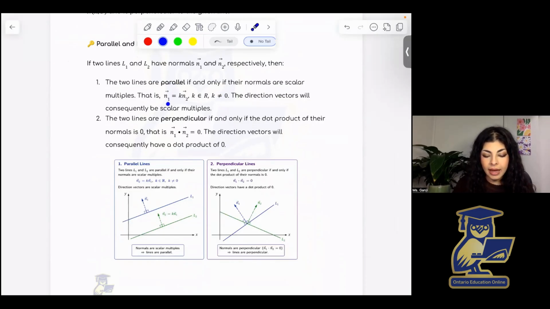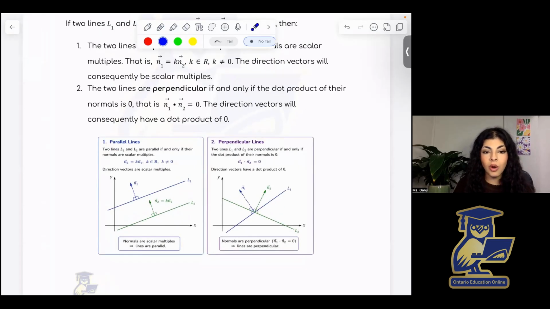So that is vector n1 is equal to k times vector n2 for k in the set of real numbers, and k cannot be equal to 0 or else we just get the 0 vector. So from here, we can also conclude that their direction vectors will also be scalar multiples. And of course, looking at the diagram as well, that makes sense.